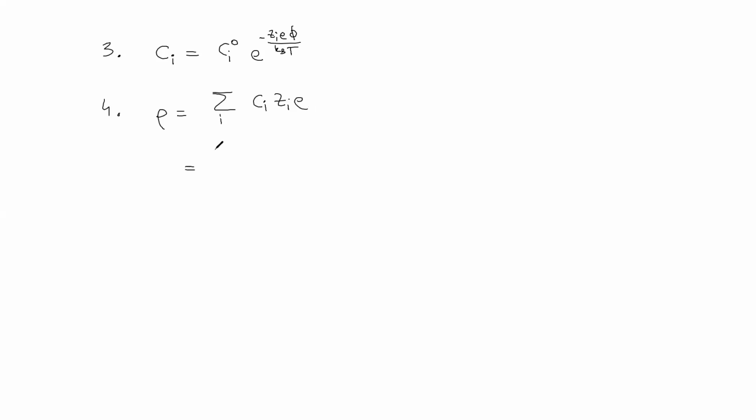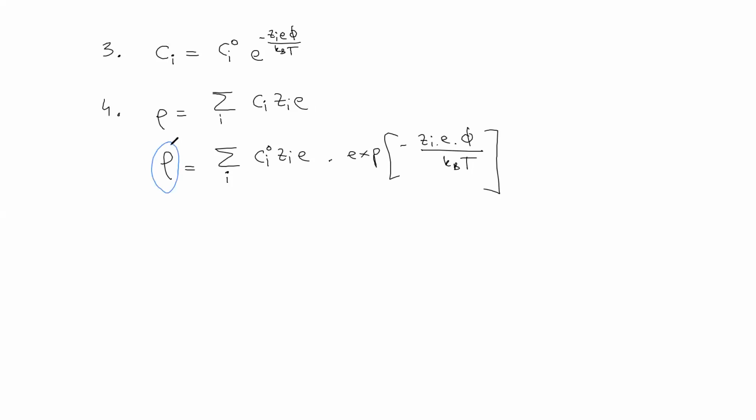Okay, so it's the sum over i's of, and then so the main message that we have here is that the density of charges is connected to the potential, and it's connected to the potential by a Boltzmann law.